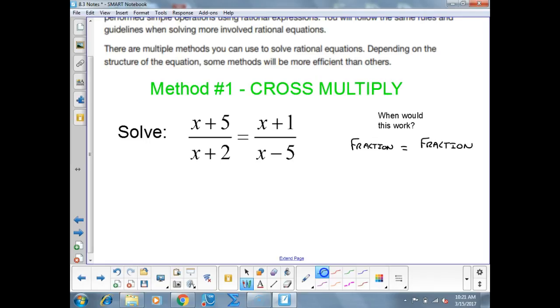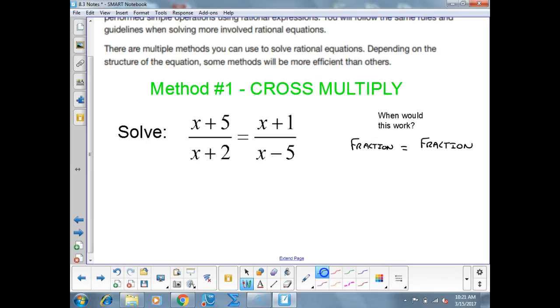If you have more than one term on one side, you cannot cross multiply. It's got to be a single fraction equals a single fraction. That's the only time that you can cross multiply.